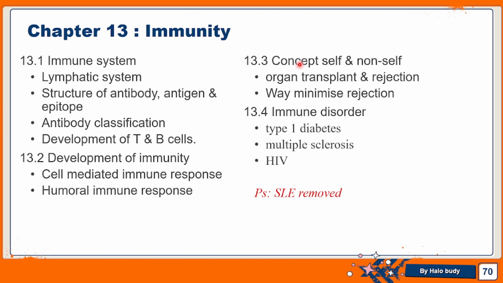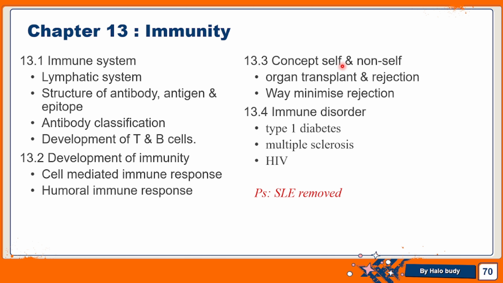After that, you need to learn the concept of self and non-self. This is also another challenging topic, along with organ transplant and rejection. We need to know that our body's immune system can recognize which is self and which is non-self.